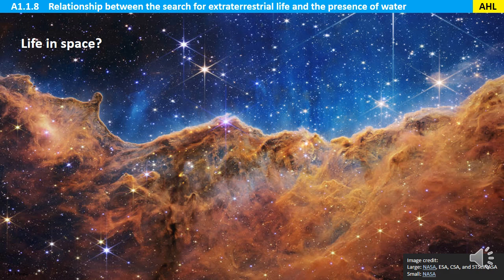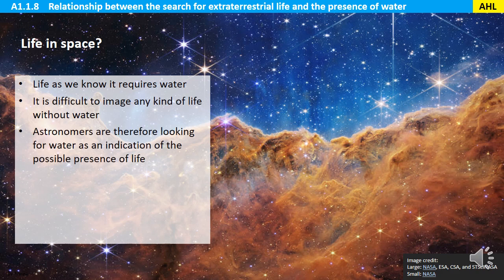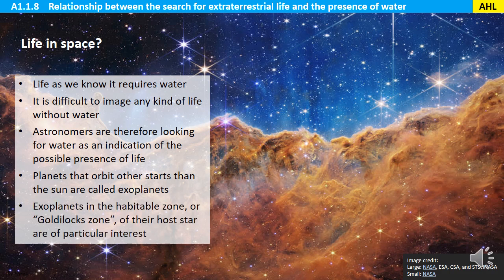Life in space. Life as we know it requires water. It's difficult to imagine any kind of life without water. Astronomers are therefore looking for water as an indication of the possible presence of life. Planets that orbit other stars than the Sun are called exoplanets.